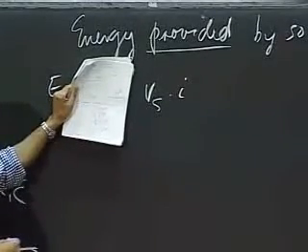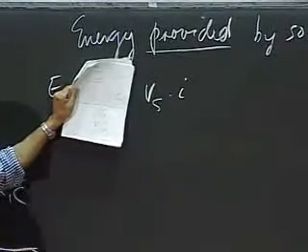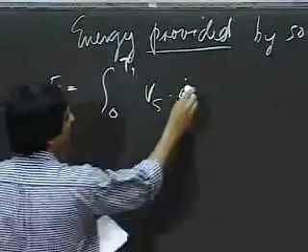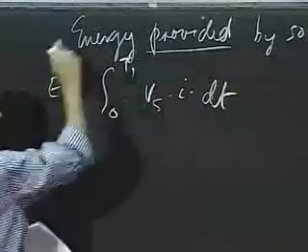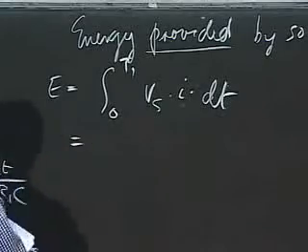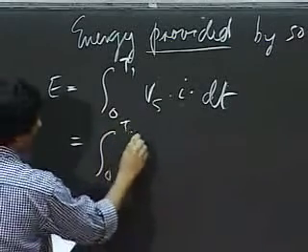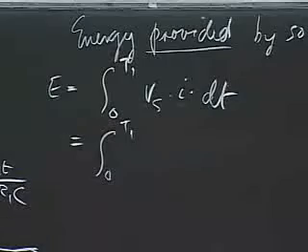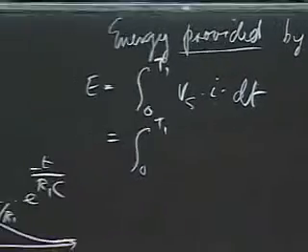So to get the energy provided by source in some time, I have to integrate that instantaneous power over the period of interest T1. Okay, that gives me the energy supplied by the source during T1. And let me go ahead and substitute for I with this expression here.